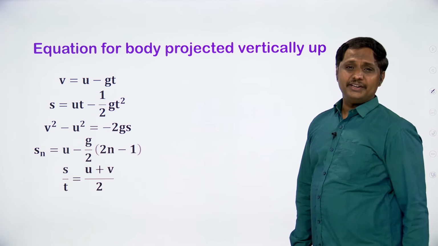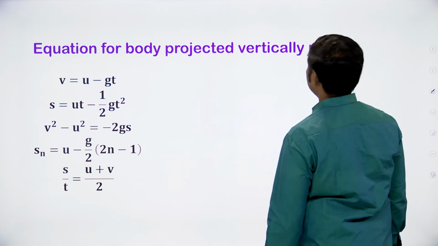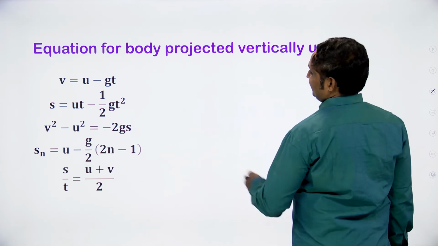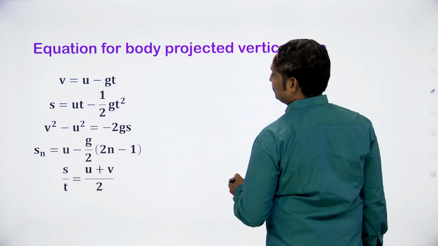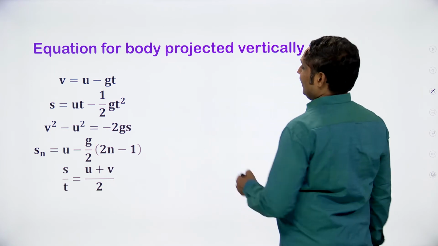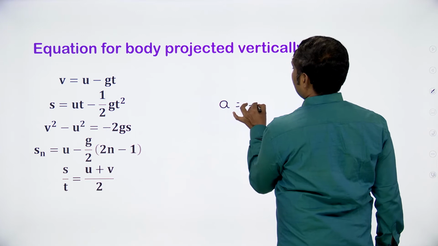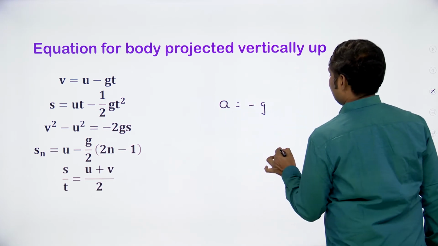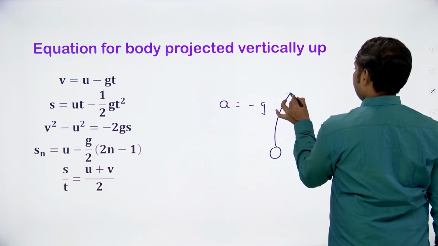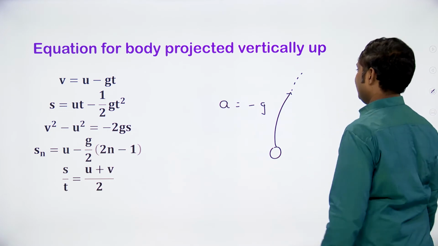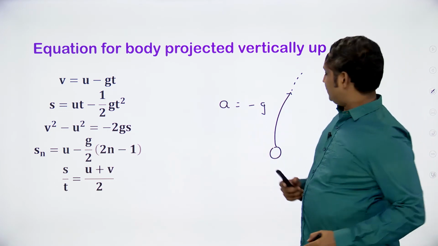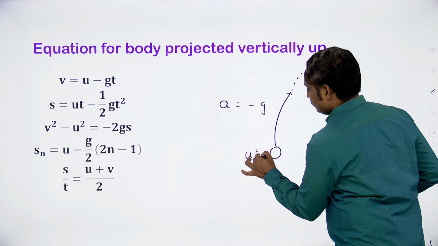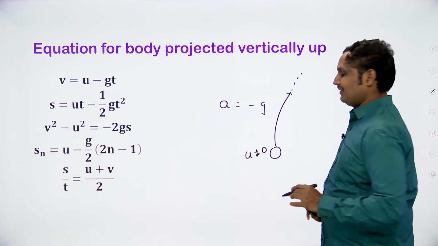While a body is projected vertically in the upward direction, it is projected with some initial velocity. We have to take u as the initial velocity, and a is going to be minus g. It is u not equal to 0, it has some initial velocity.